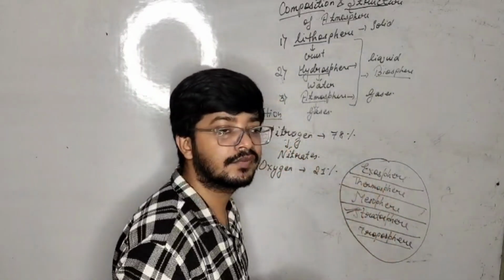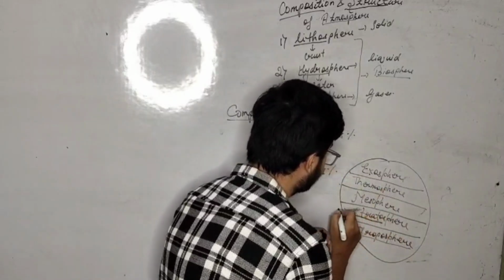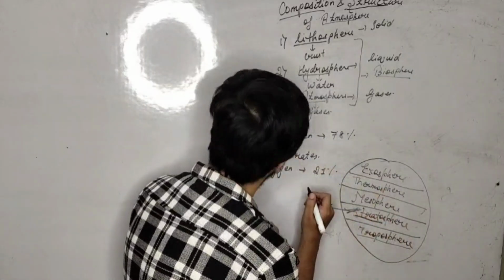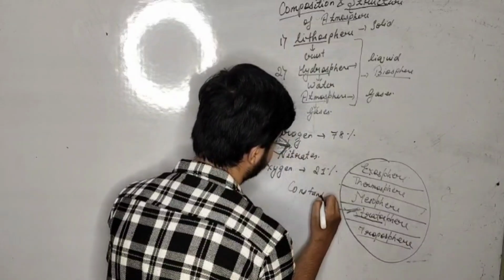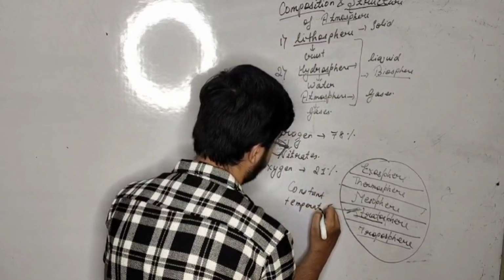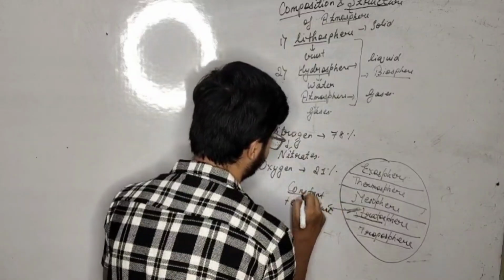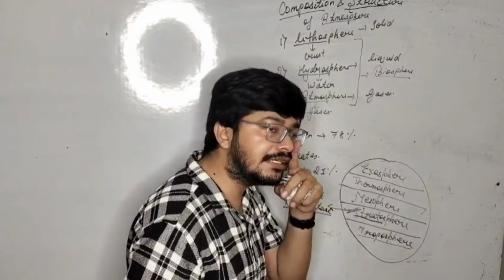Now next we talk about the stratosphere. Stratosphere means constant temperature, and it lies around 15 kilometers from sea level. Why does it have constant temperature?